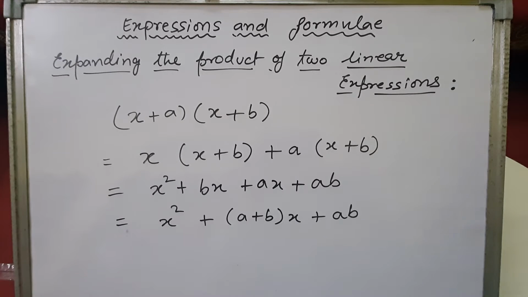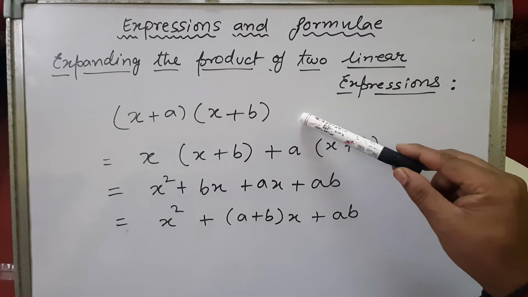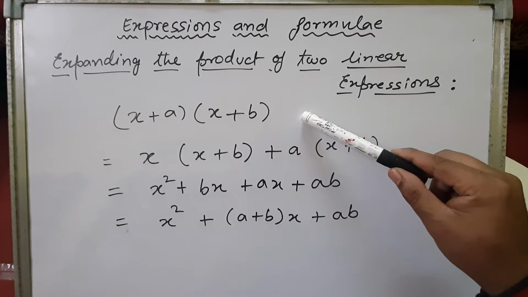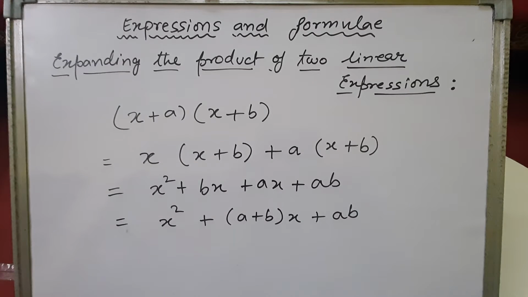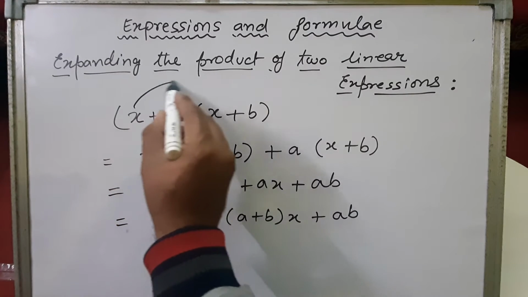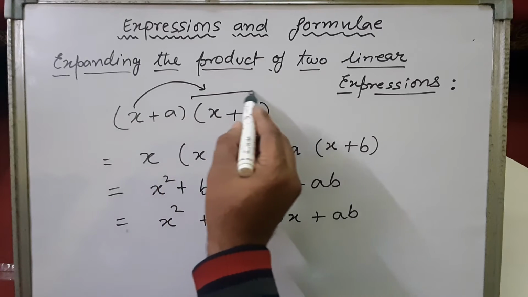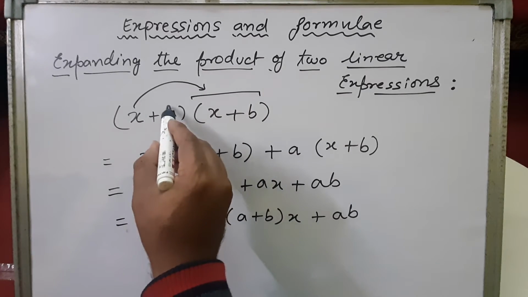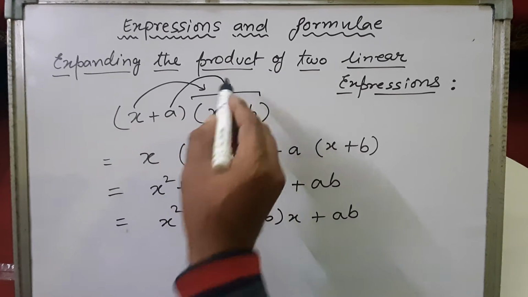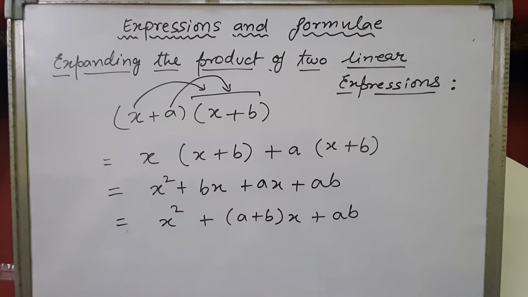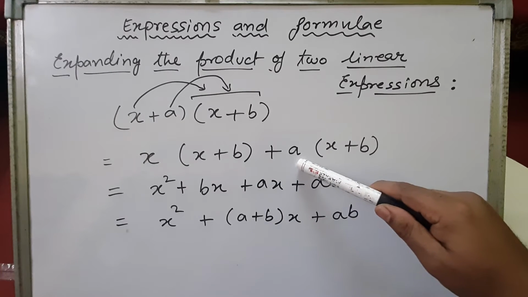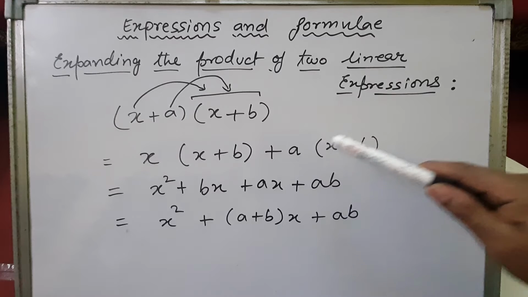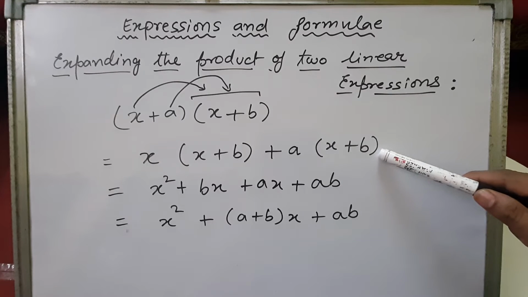So the best way for finding the product of these two expressions is, we'll multiply x with this whole bracket first, and then second, we'll multiply the second term, a, with this whole bracket. So we will write it like x into bracket x plus b, plus a, taking this second term with sign, plus a into bracket x plus b, right?